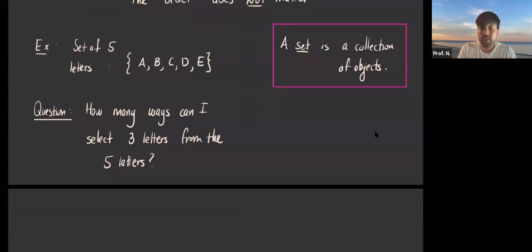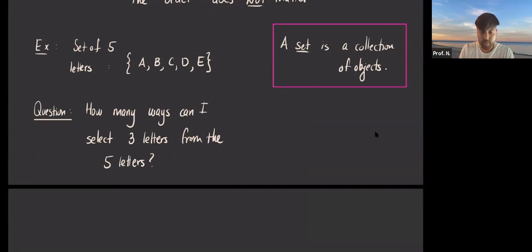In this example, we don't care about how we select what's the first letter, what's the second letter, what's the third letter. What we're asking is how many ways can I get 3 things out of 5 things? It sounds almost similar, but it's quite different.